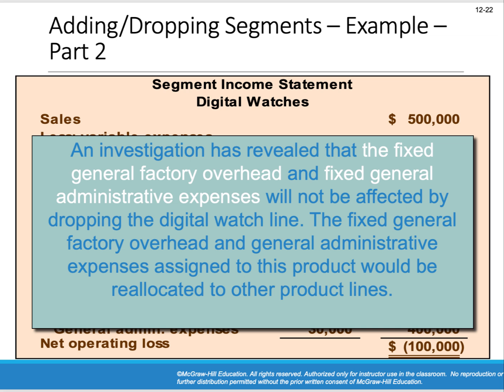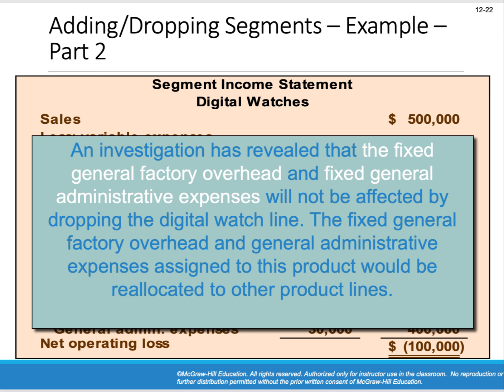Those fixed general factory overhead and fixed general administrative expenses will not be affected. They will still be there under each situation. So since they are present within both scenarios, they're irrelevant costs, right? They're irrelevant to us. We don't worry about them, okay?